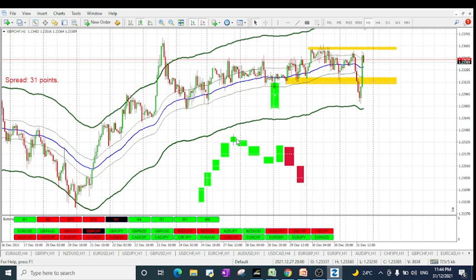So we've gone from having a simple pullback to adding more legs to the move. If you go to a lower time frame, this will look like a mini trend, a small trend. On a lower time frame, it will probably look like price pulled back like this, rallied a little bit, rallied a little bit like this, and continued heading down.